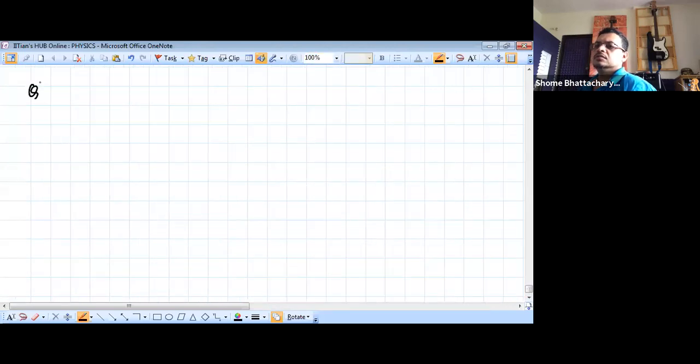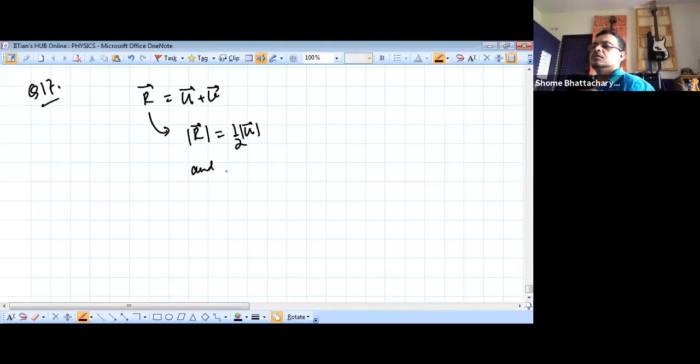So question 17 is saying that you have two vectors u and v such that if we take the resultant of u and v as r, then this resultant has a magnitude which is half of the magnitude of u, and r is perpendicular to u.